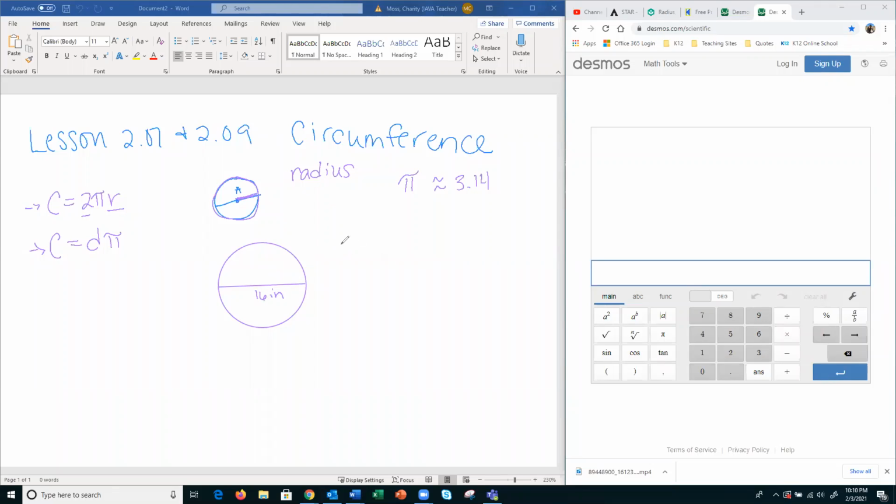And the question is this: what is the exact value, pay attention to the wording, exact value of the circumference of the circle?